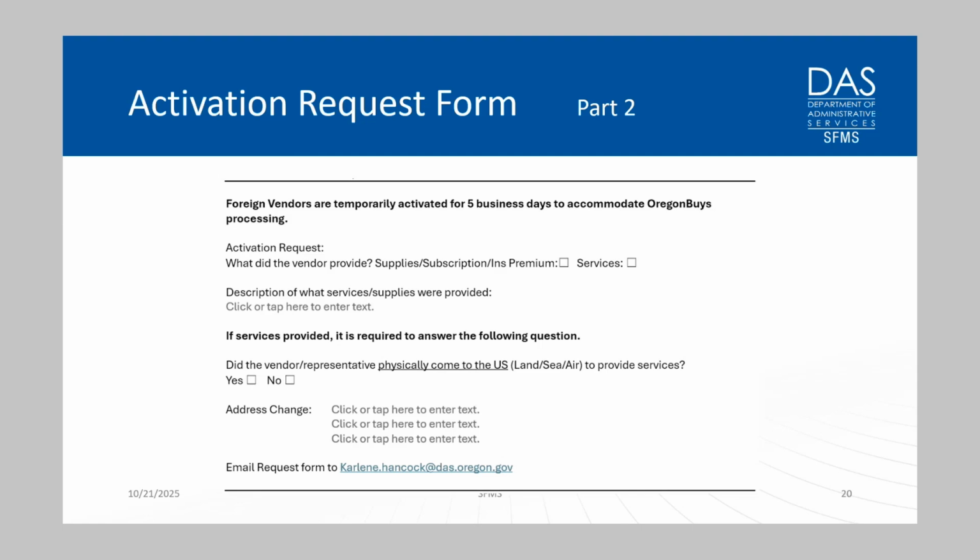Description of what services or supplies were provided. I'm a curious little duck. I like to know why. What did we do? Click in there and just type, what did they provide? They provided bug lures. I love that one. They provided speaking services.